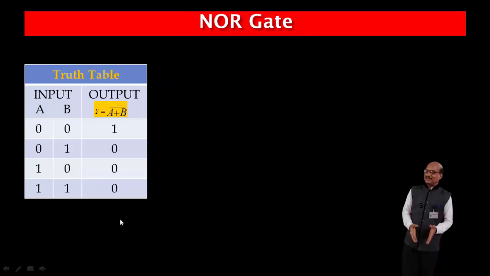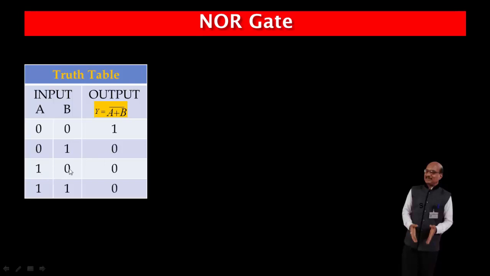Now the truth table. As usual the inputs are 0 0, 0 1, 1 0 and 1 1. Now this is opposite to the OR gate. In case of OR we have seen that 0 plus 0 is 0, but in case of NOR it is a complement of OR, so 0 plus 0 is 0, and complement of 0 is 1. Here we have 0 plus 1, that is 1, and complement of 1 is 0.